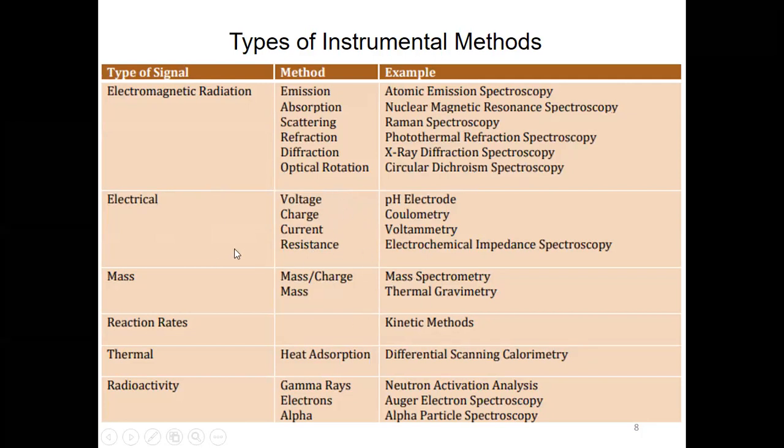All these are the methods and types of signal, and mass and reaction rates under kinetics methods, and DSC, differential scanning calorimetry, and the Auger electron spectroscopy you will learn, but I'm not sure whether you will learn neutron activation and the alpha particle one. But I think it's worth reading to get some idea about how these instruments work and for what instances we have to use them.